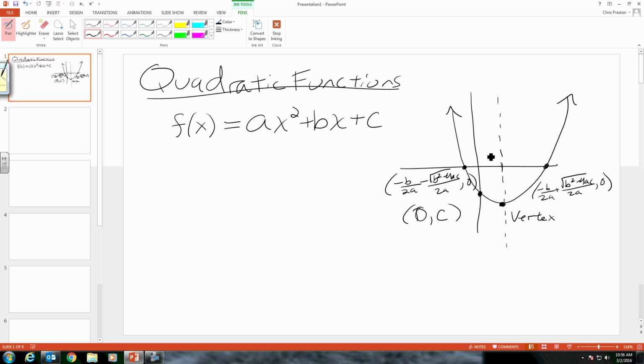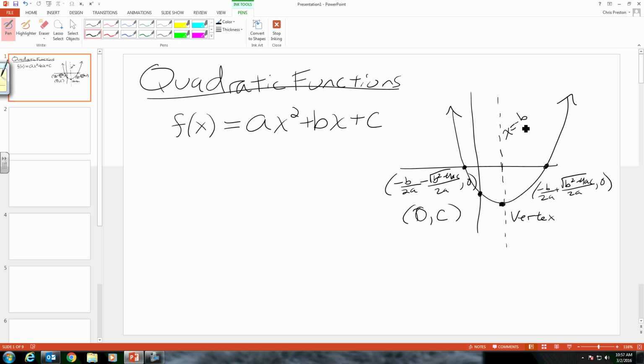There's a line of symmetry, and it's halfway between any 2 points that are on the same height, including these x-intercepts. So this x-intercept is at negative b minus the square root of b squared minus 4ac all over 2a. And this one's at negative b over 2a plus the square root of b squared minus 4ac all over 2a.